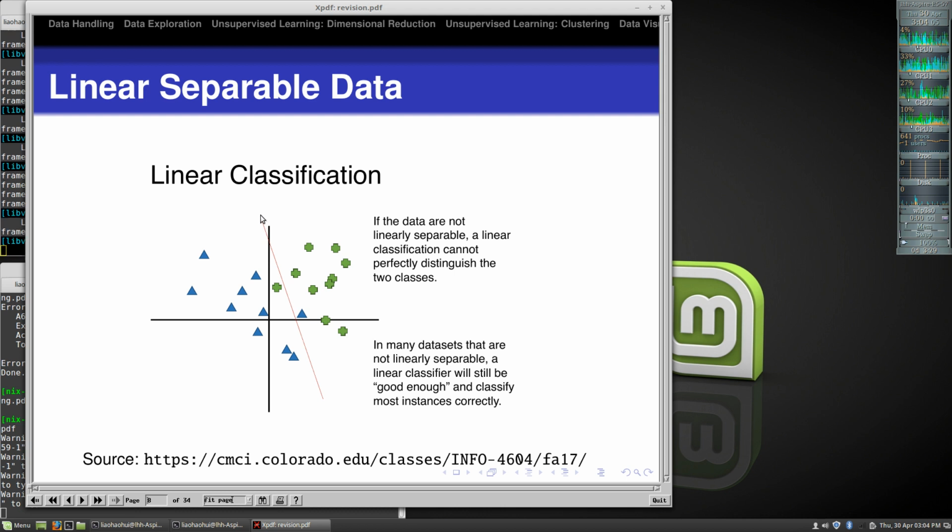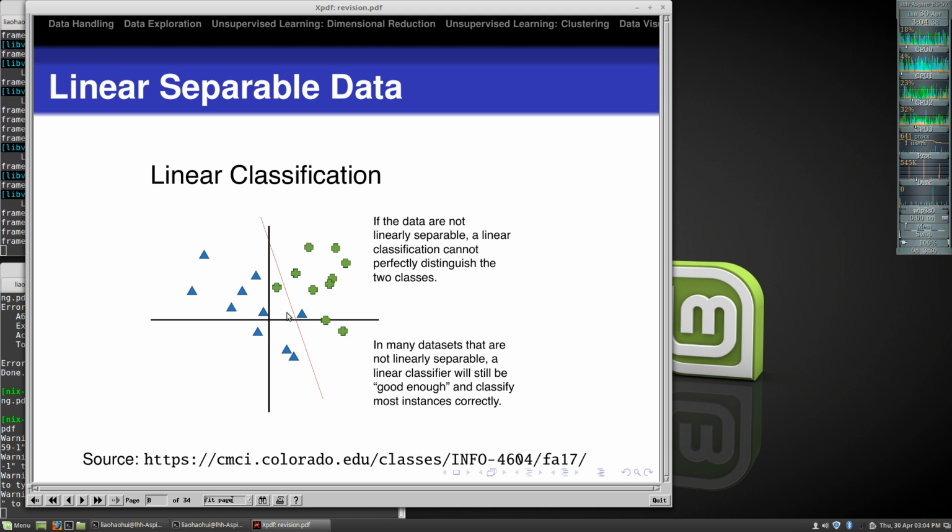We can more or less see that we can draw a line to separate this data, and accuracy would be very high, with only some minor wrong predictions over here.